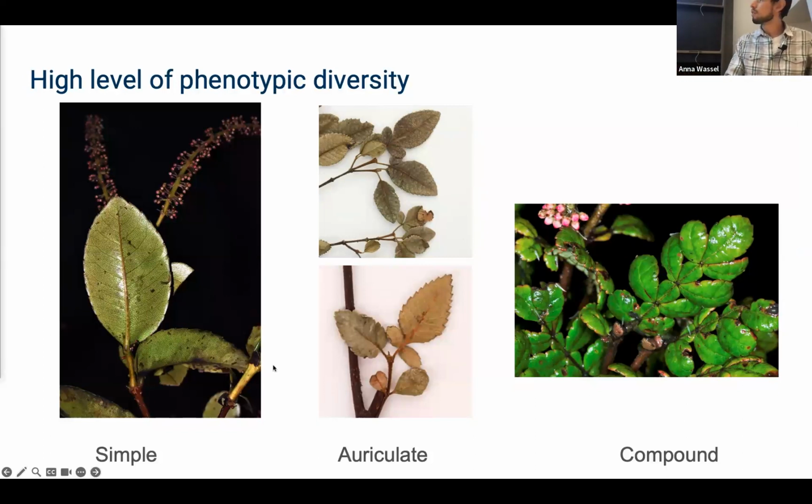They range from simple leaves to compound leaves, going through intermediate auriculate leaves with varying degrees of trichome density, that means pubescence, and also leaf or leaflet sizes. So all of this morphological complexity leads to a complex and unclear taxonomy as well, as we can infer.